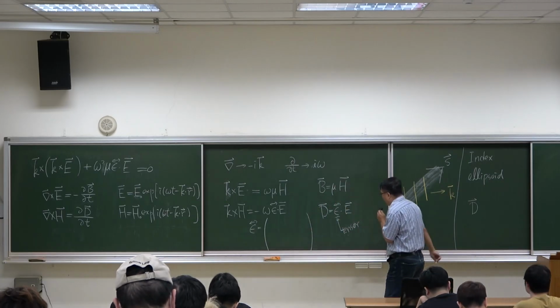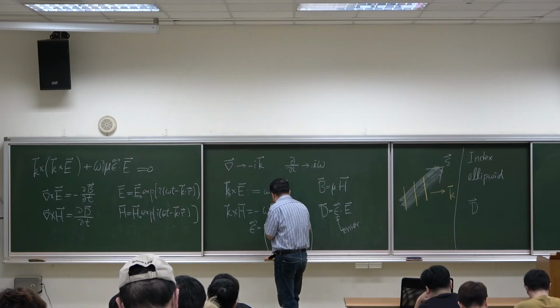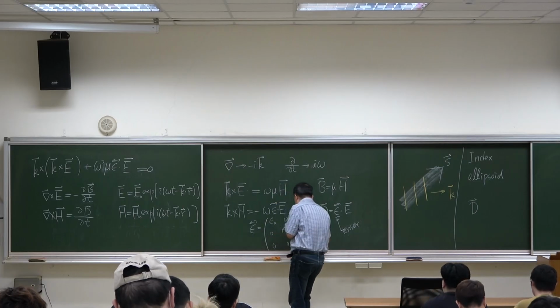And we use the principal axis system. So the epsilon matrix now is of diagonal form.